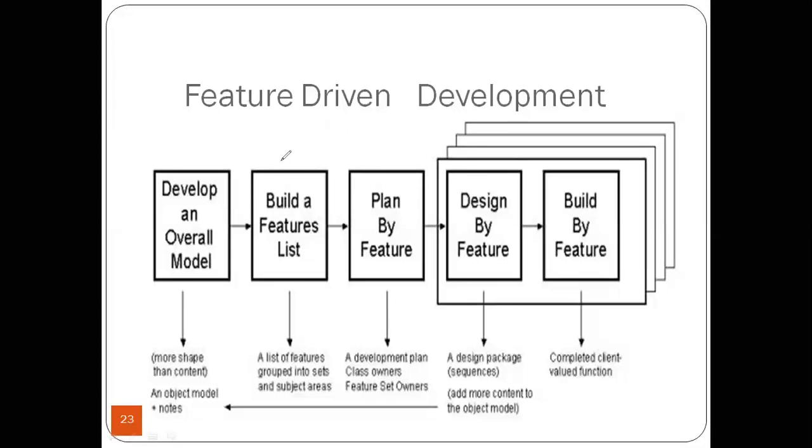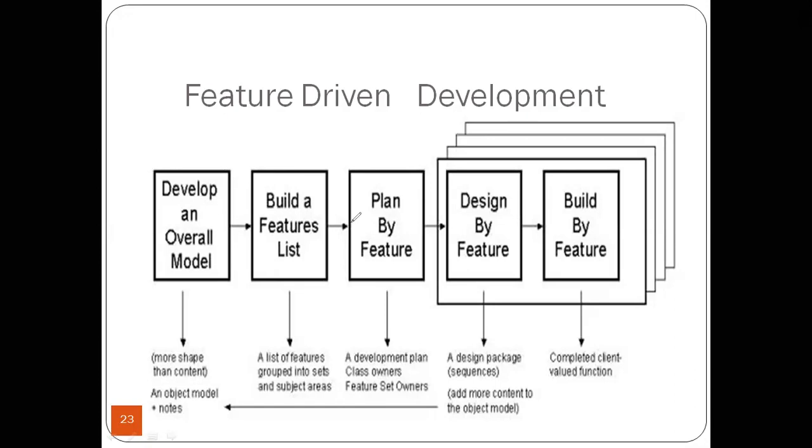For example, the overall model: if you want to construct a building, you plan an outline of that building structure, with how many rooms and what size each room is. That is called an overall model.